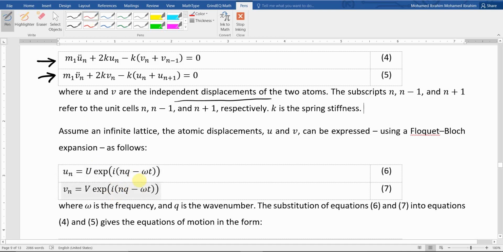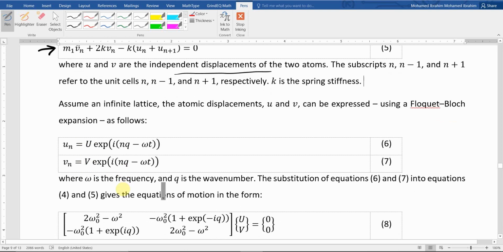The common thing between them is that omega and q are the same, because this lattice is subjected to the same wave, with the same wavelength and the same frequency. So q and omega are the same for the two functions, but the magnitudes will definitely be different, so we have two different amplitudes for the two functions as given here.